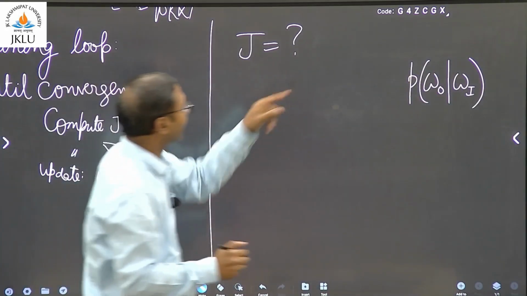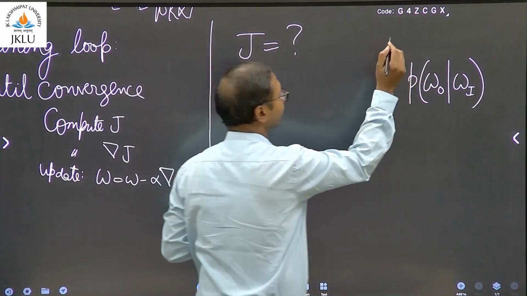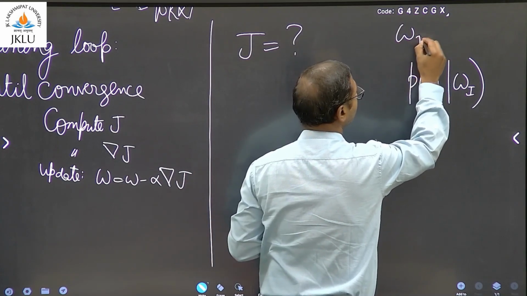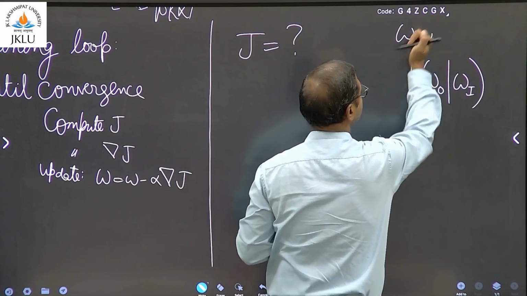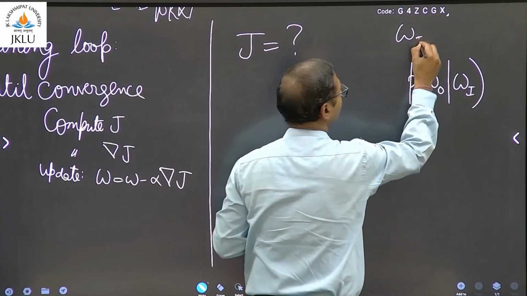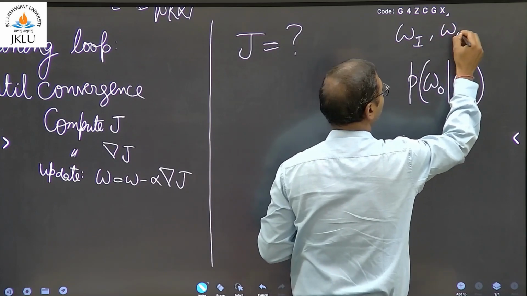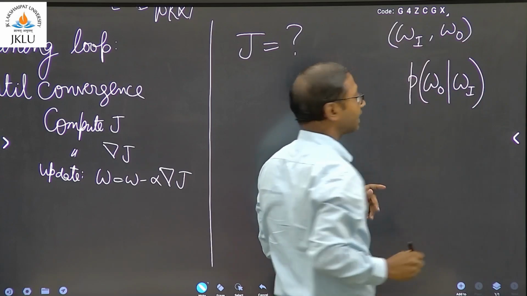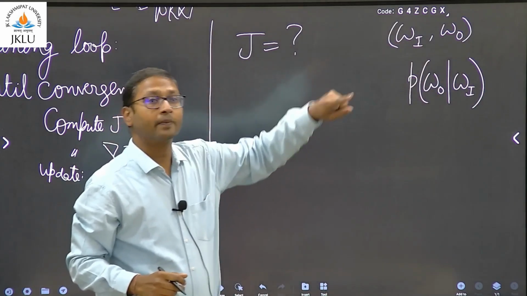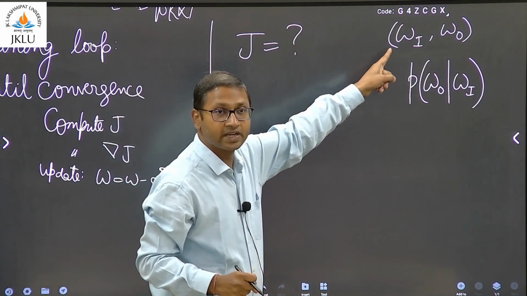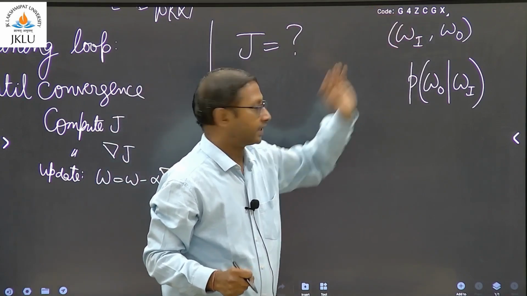Right. So what is my training pair? W input comma W output. This is my training pair that I am currently talking about. अपने example में it was fox and quick.